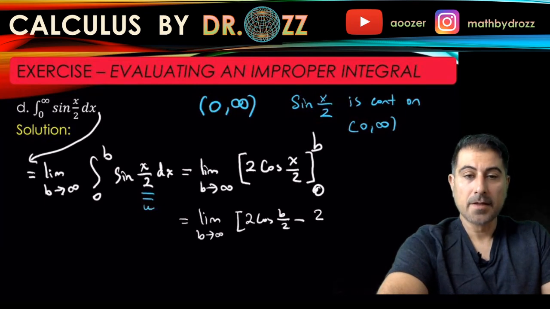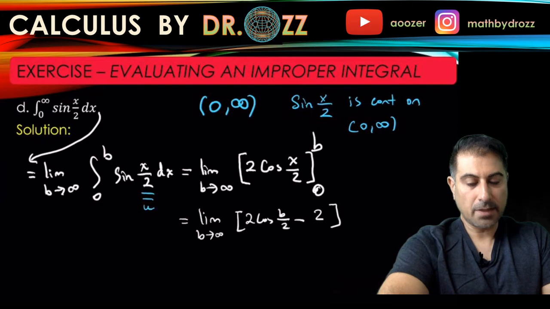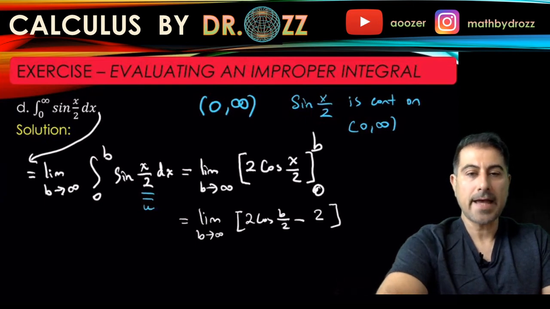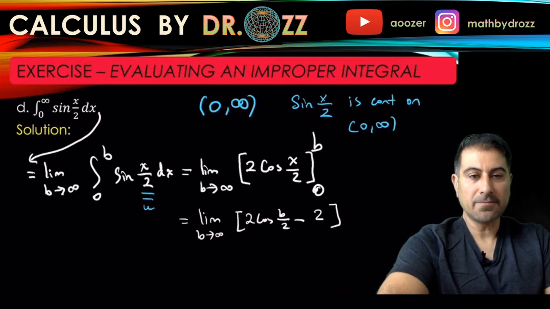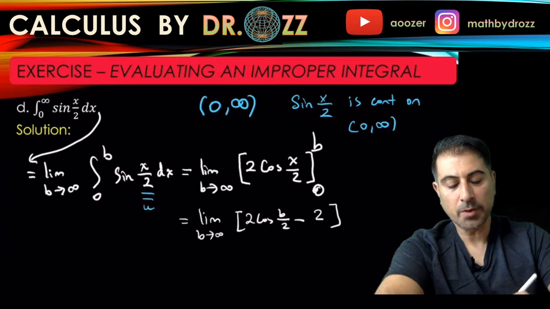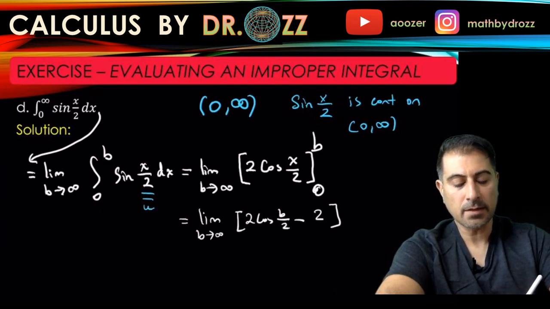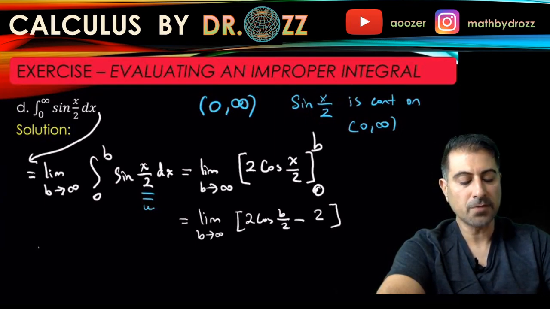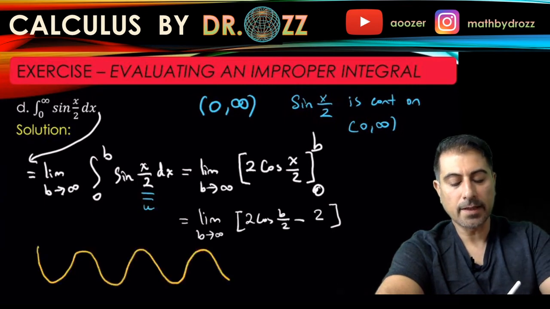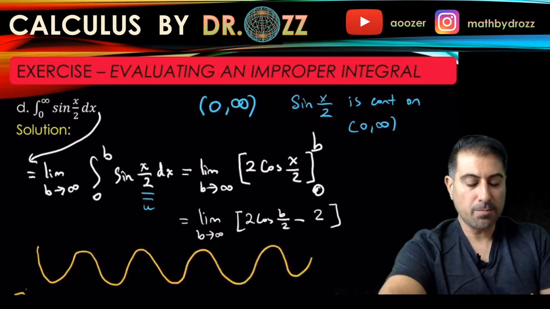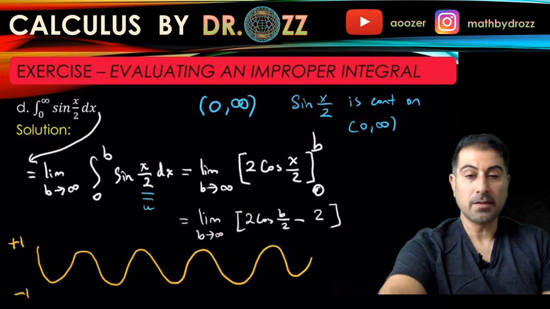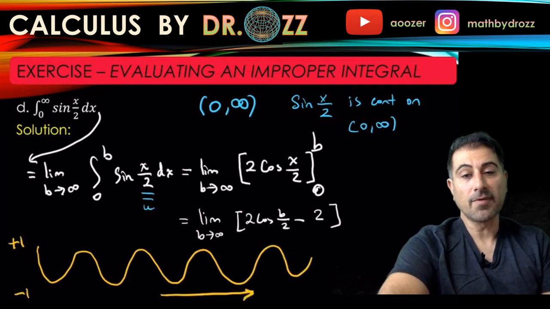Now I'm going to pass the limit as b approaches infinity. One thing that we had earlier in Calc 1 is that cosine of infinity doesn't exist, because cosine is a fluctuating function between -1 and 1. And when b goes to infinity, it doesn't converge to any value. It still keeps fluctuating.